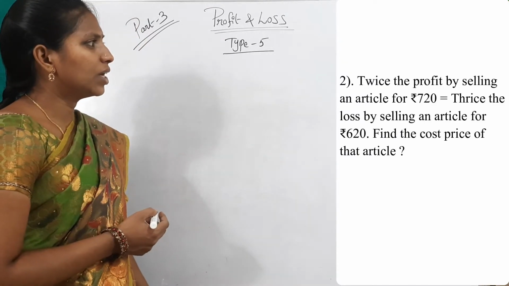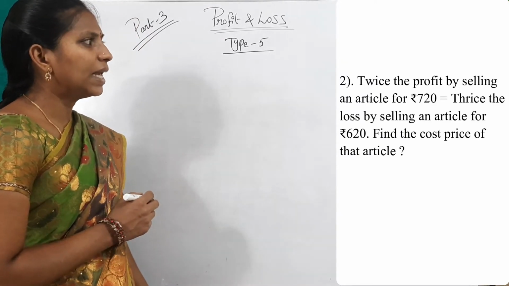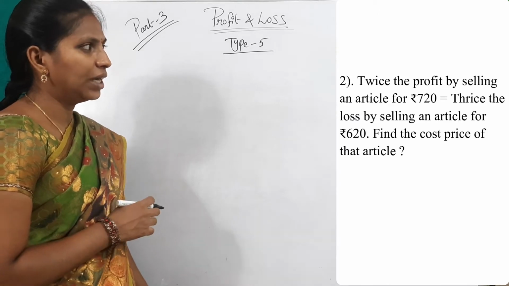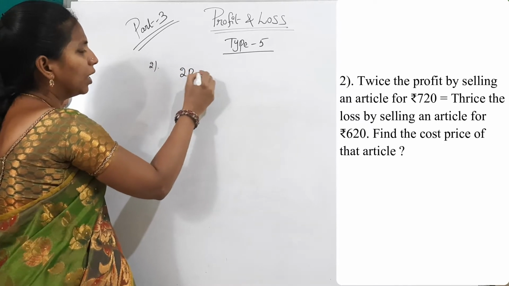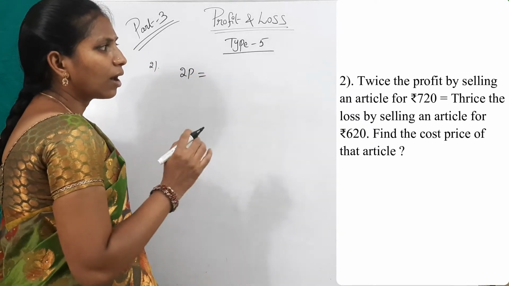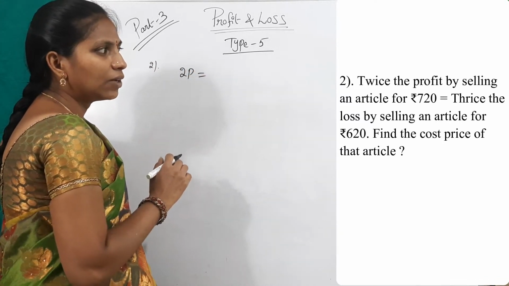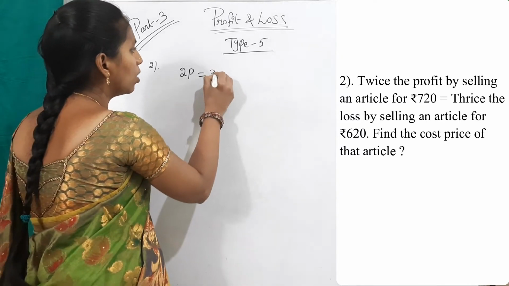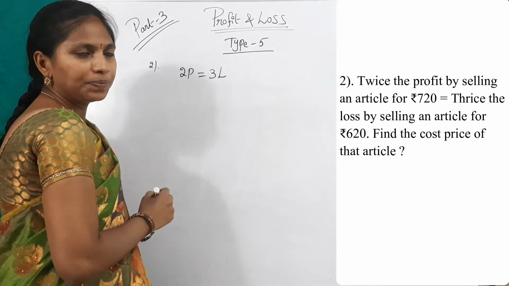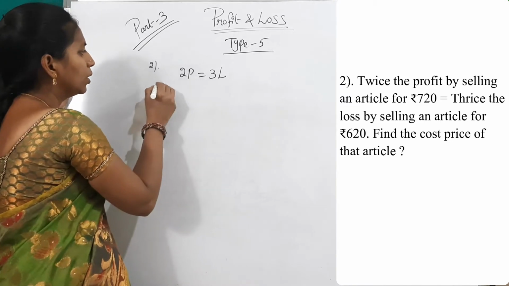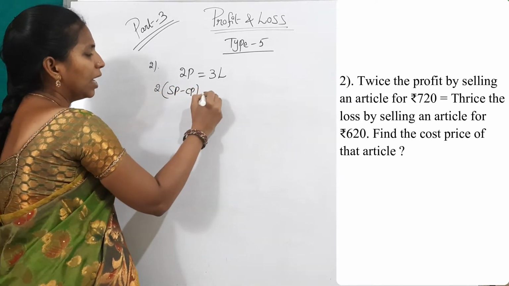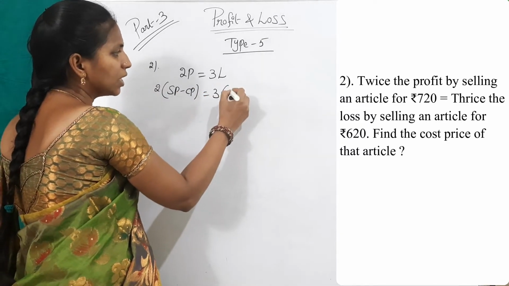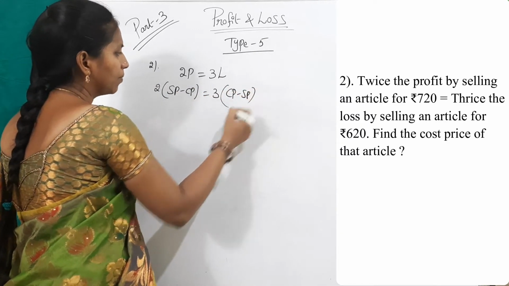Now see second question. Twice the profit by selling an article for 720 equal to thrice the loss by selling an article for 620. Now see, 2 into profit means here SP minus CP, and 3 into loss means CP minus SP.